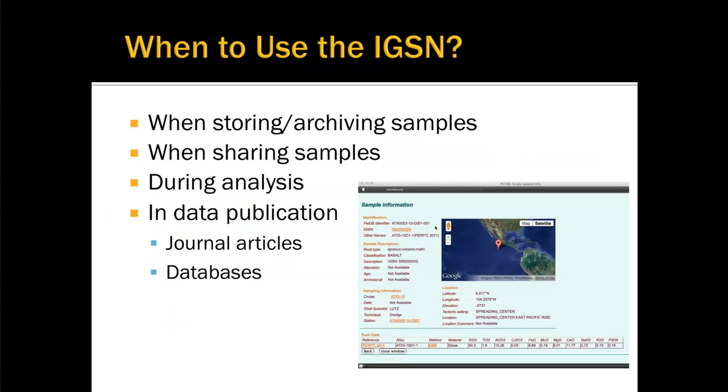When should the IGSN be used? Clearly, I said, the best thing is to have the IGSN on the sample label in your archive, in the repository, or in your sample drawer in your office.